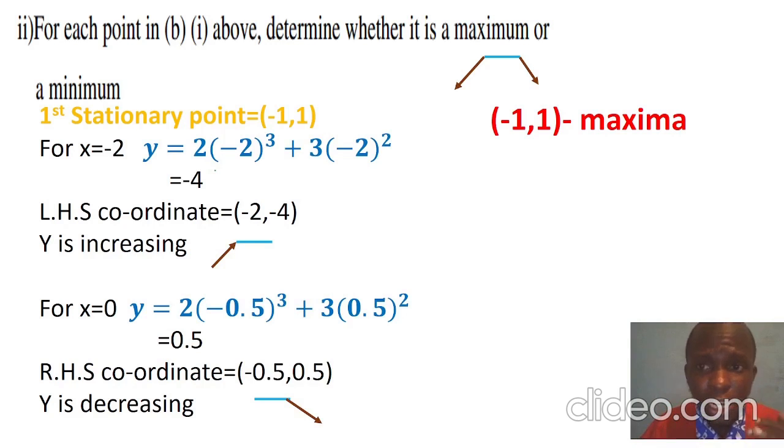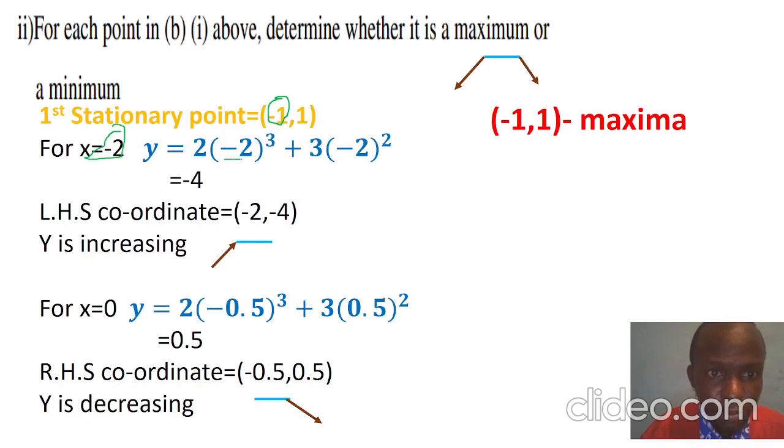I have said it can be minima, maxima, or a point of inflection. So in this, focusing on x, we are going to guess a value that is less than -1, and that is -2.